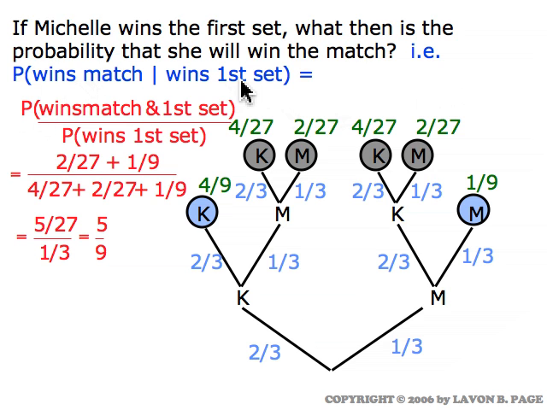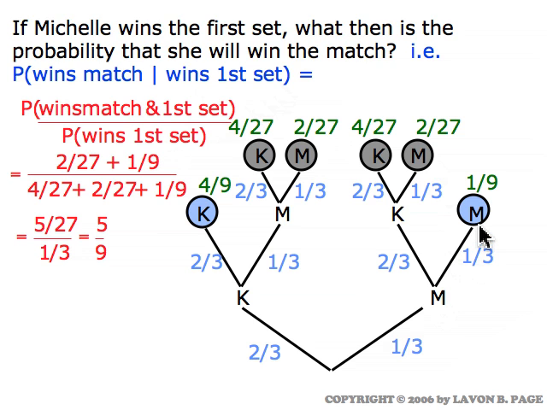This conditional probability can be expressed as the probability of both things happening, that is, she wins the match and wins the first set, divided by the probability of the given information, which is that she wins the first set. And we can pull all of these probabilities right out of the tree diagram. Michelle winning the match and winning the first set happens in which cases? Here's a case where Michelle wins the match and wins the first set.